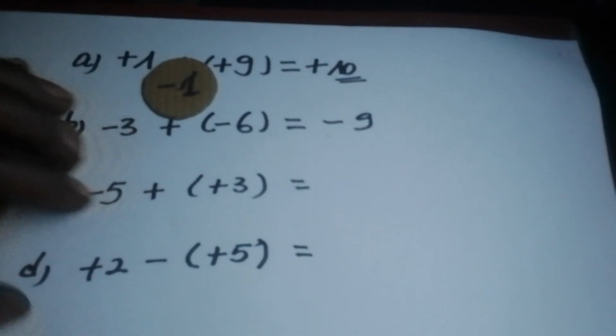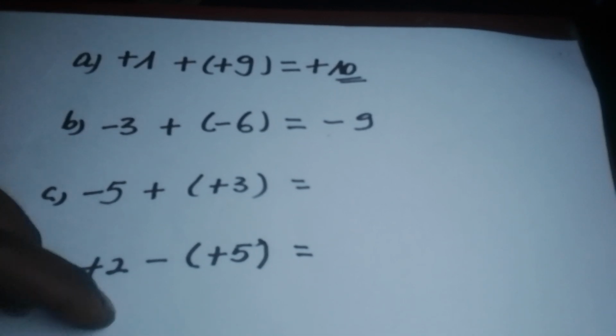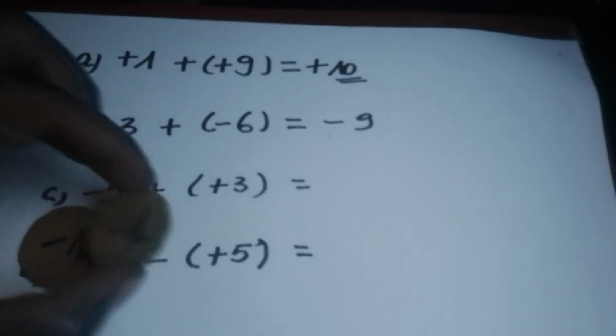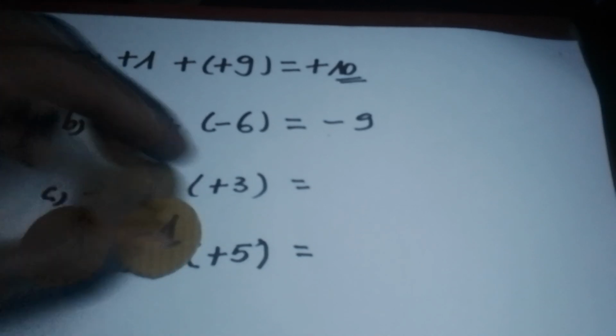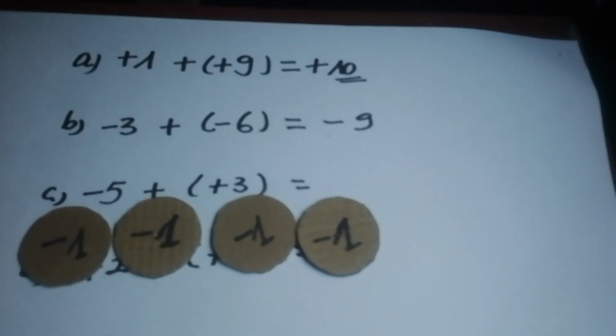Then, question number C. Question number C is negative 5 plus positive 3. First, I put negative 5 counters: negative 1, negative 2, negative 3, negative 4, and then negative 5.